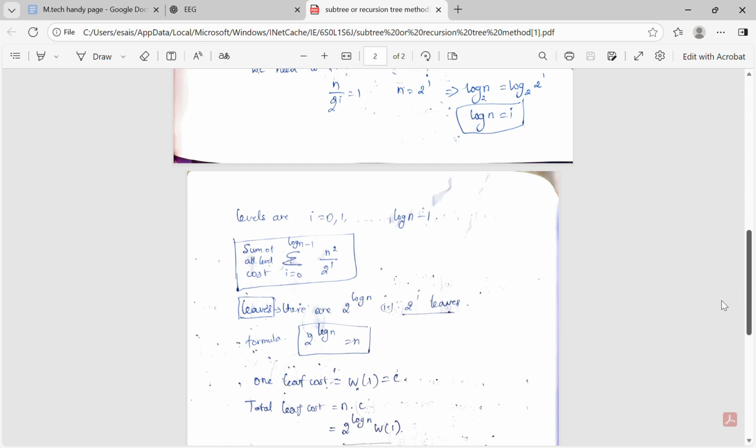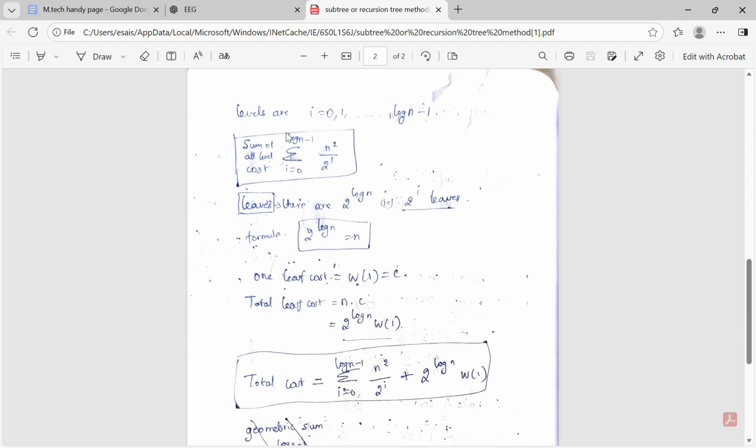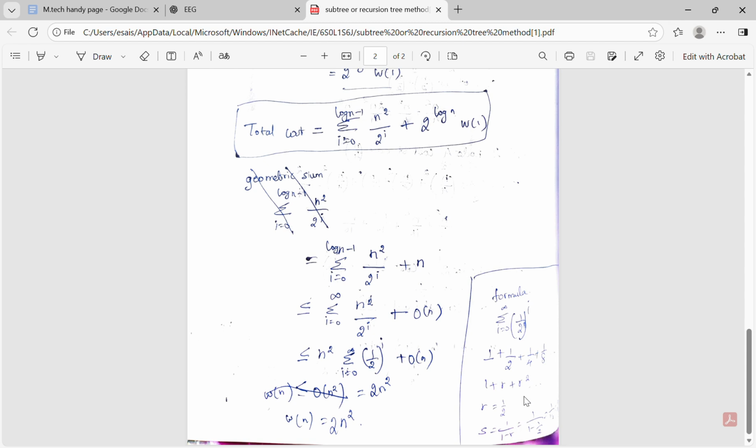From there we can say I equals 0 to that value, the sum of the cost of level I equals n squared divided by 2 power I, and then this cost will be less than or equal to the sum from I equal to 0 to infinity. For the I equal 0 to infinity sum, we can find a mathematical series, for which we have a general formula. When we apply this here, we will get 2n square.